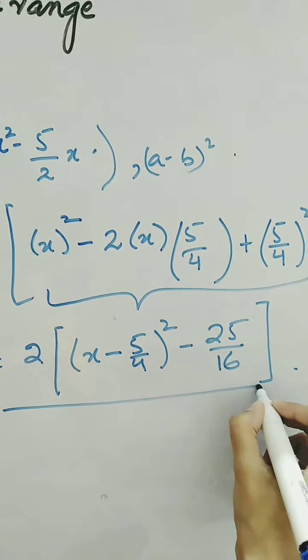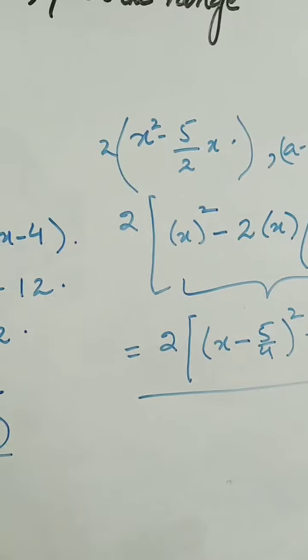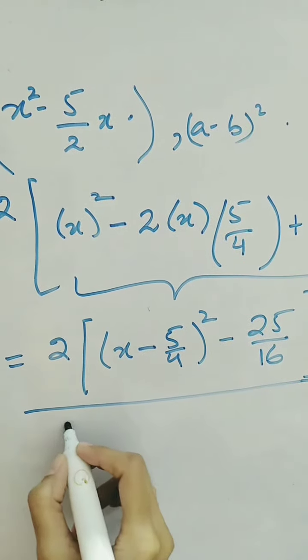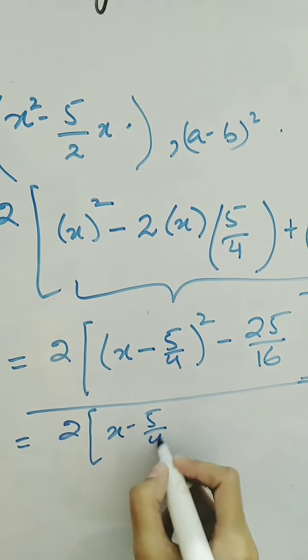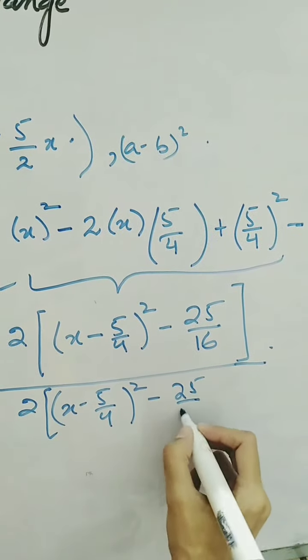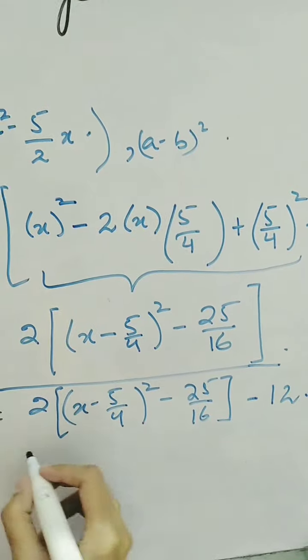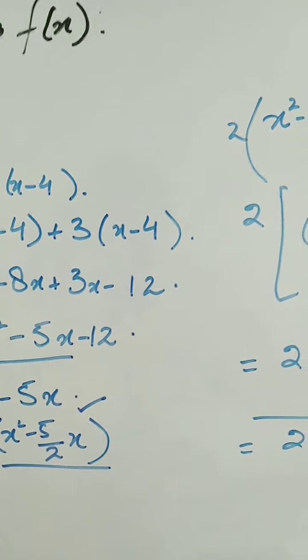Now we put this value into 2x² − 5x. Now we have 2(x − 5/4)² − 25/16, and then minus 12, as this is equivalent to 2x² − 5x from where we started.